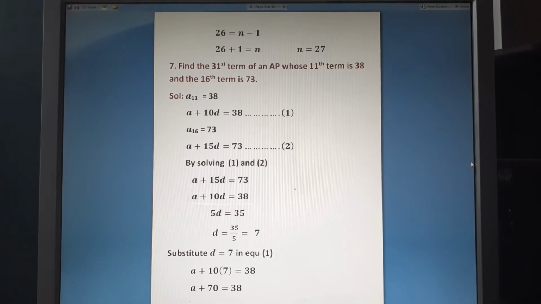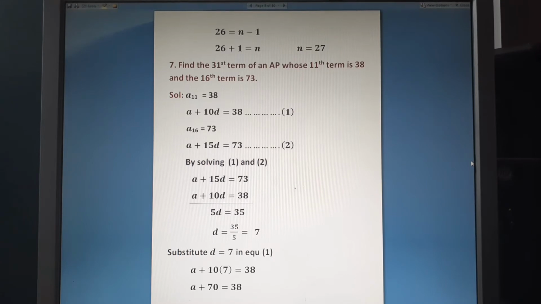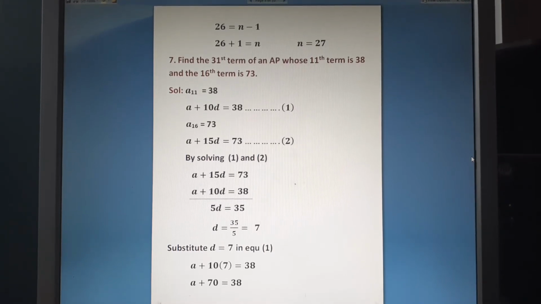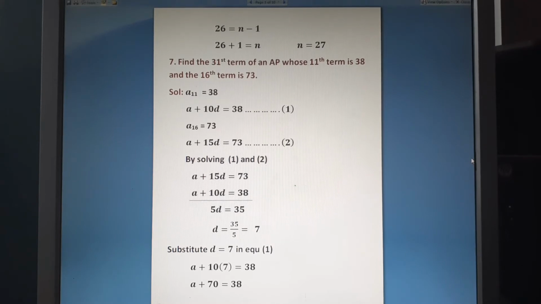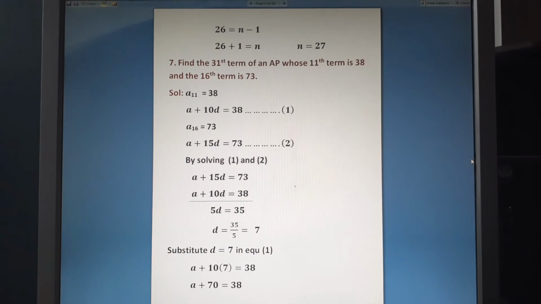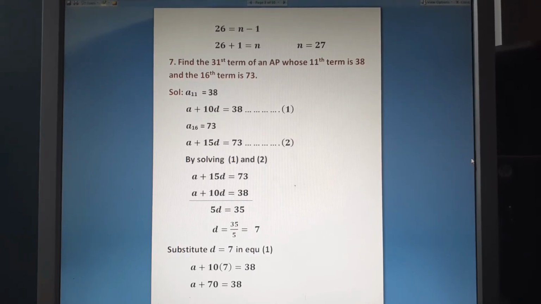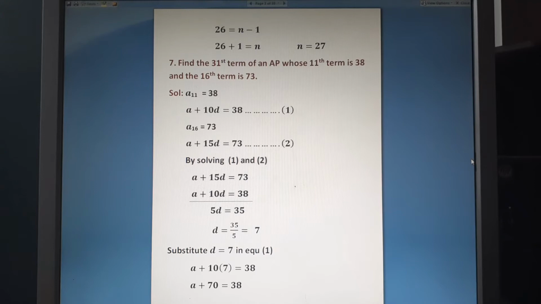Already we know the formula for the nth term, that is a_n is equal to a plus (n minus 1) into d. In a_11, n is 11. So, a plus (11 minus 1) into d is equal to 38. That is a plus 10d is equal to 38. This is equation number 1.